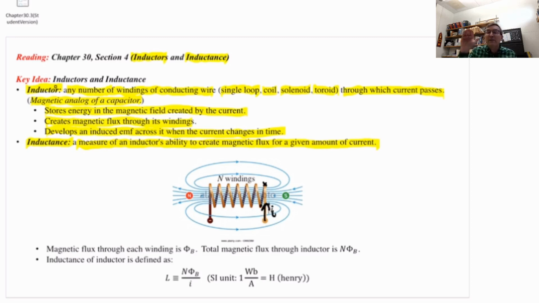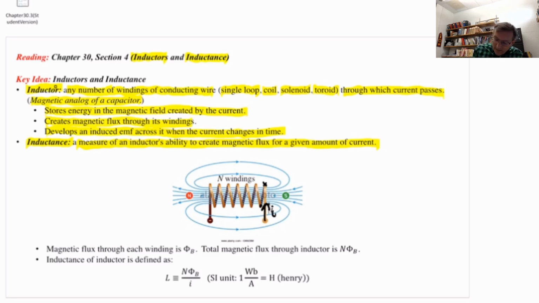So if I imagine wrapping the fingers of my right hand around the coil, the inductor, in the way the current's going, and look which way my thumb points, that tells me the way the magnetic field points. And so you see the magnetic field lines that are drawn here.